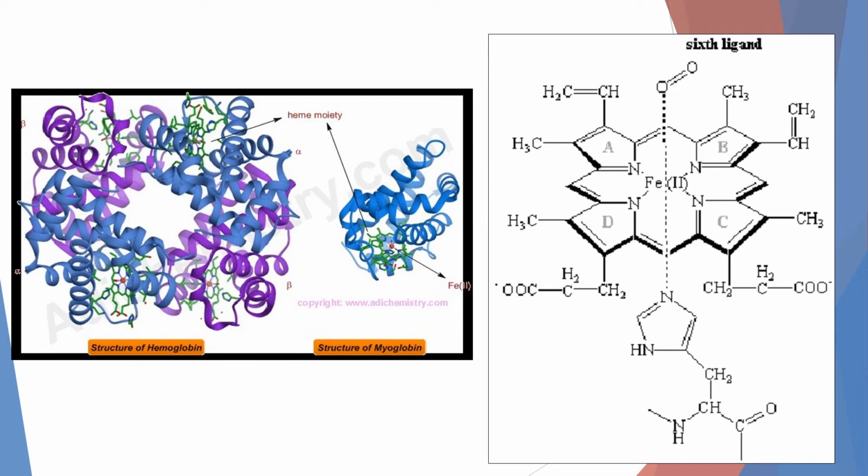Now the meat color is determined by the chemistry of this myoglobin and the state of oxidation of this iron atom. These iron atoms exist in two states. One is the reduced state, that is ferrous, and the other is the oxidized state, that is ferric.